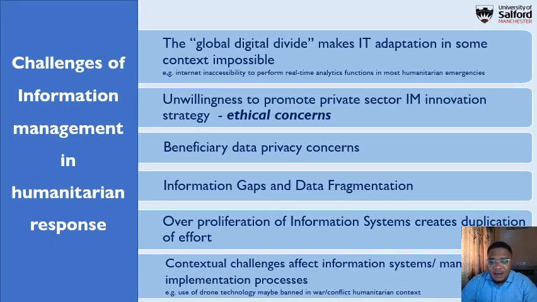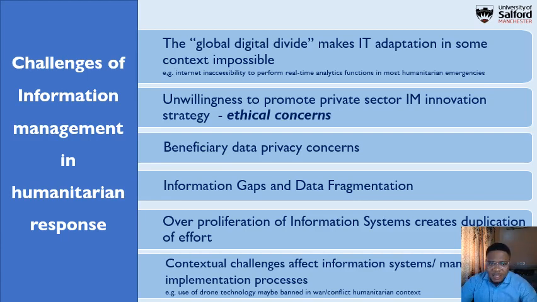Information management comes with a lot of challenges in the humanitarian space. To look at these challenges, first of all, we talk about the global digital divide that makes IT adaptation in some contexts very impossible.